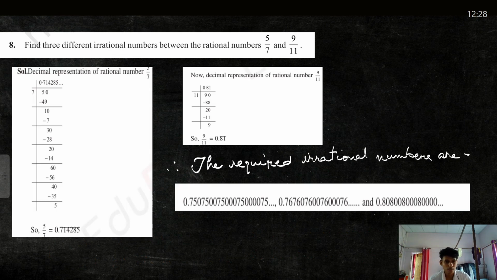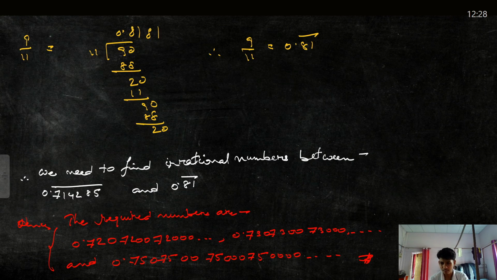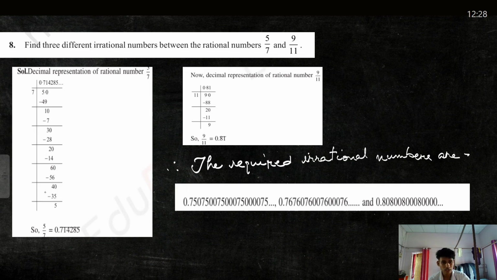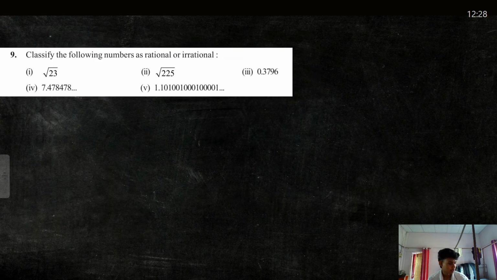Now comes question number 8. It is similar to question number 7, hence I won't be solving it. You can see the solution here. Now comes the last question of this exercise. Classify the following numbers as rational or irrational. Now number 1, under root of 23. Solution.